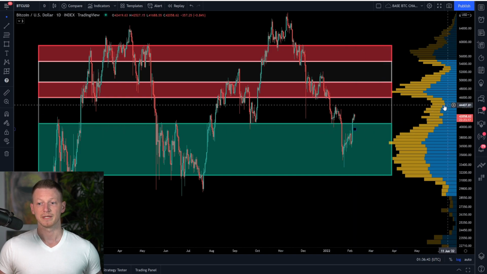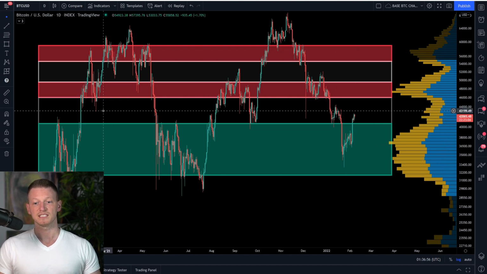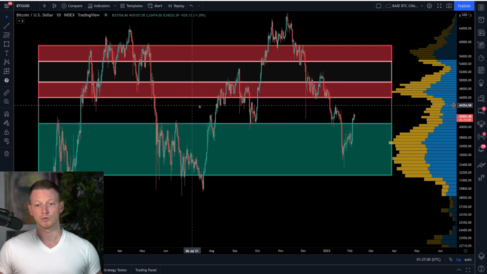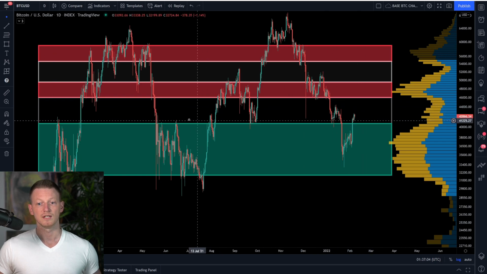Because in between here, from 46,000 all the way down to this $40,600 level, you have relatively lower amounts of volume. And this plays out on the chart if you just take a look. Notice how we fly right through this gap here, this low volume node. We typically fly right through that level and then get stuck at other levels.